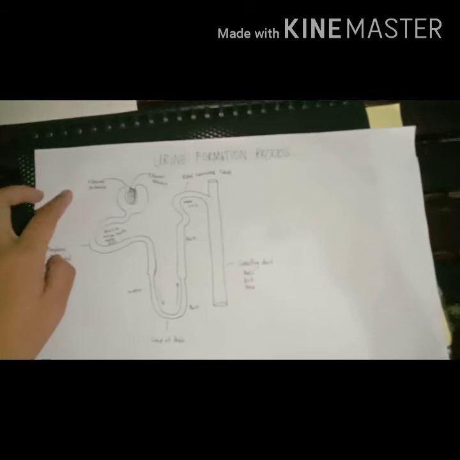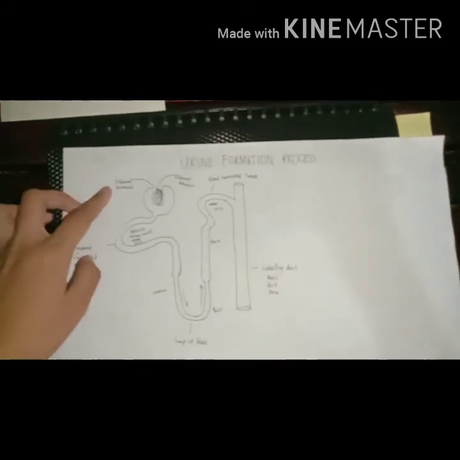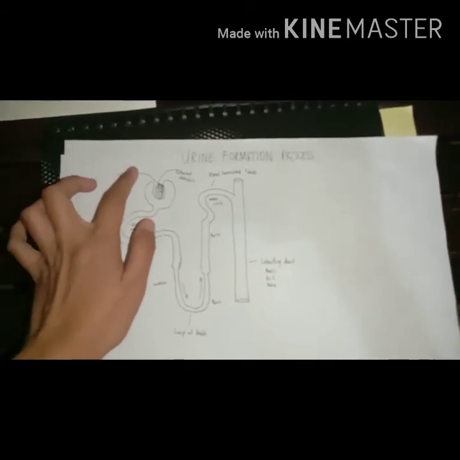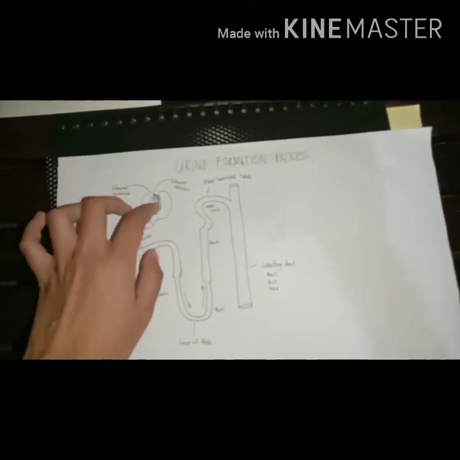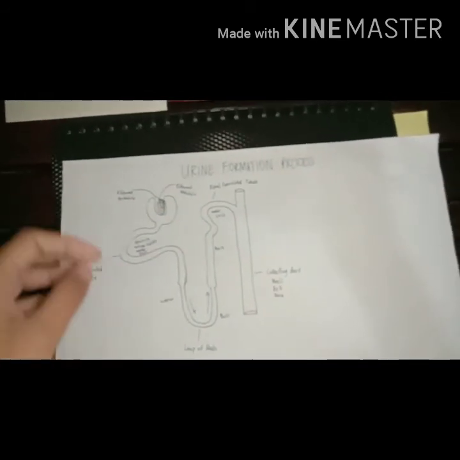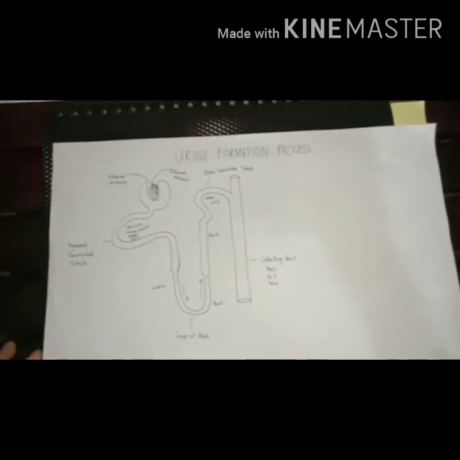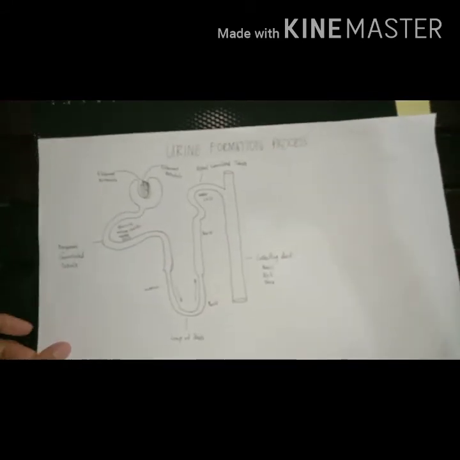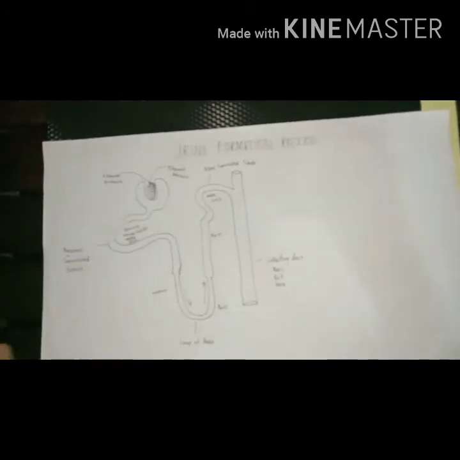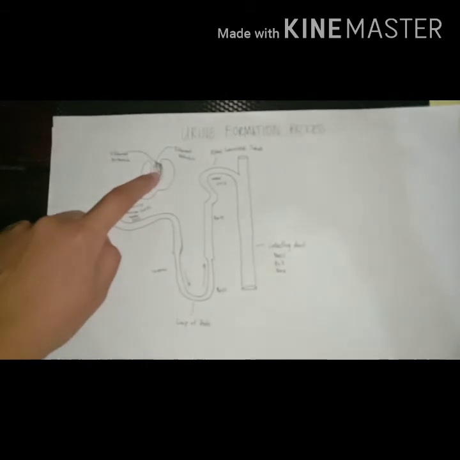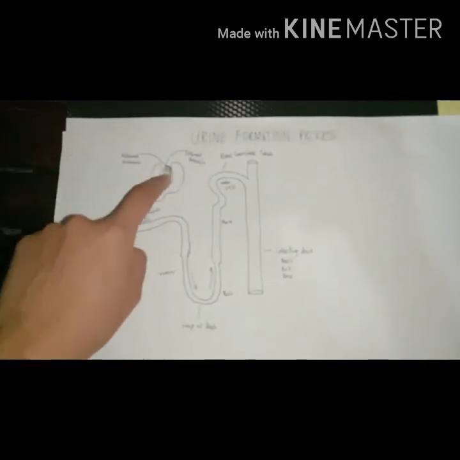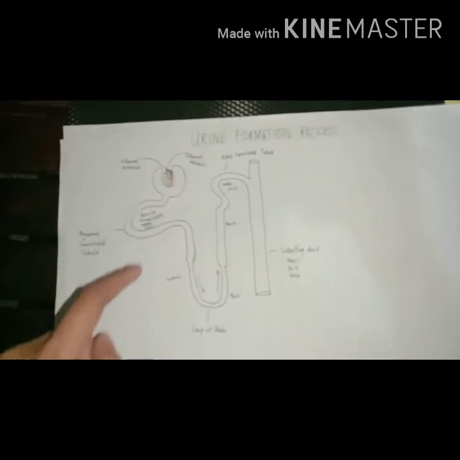So the blood enters through the afferent arteriole, and it leaves through the efferent arteriole. The substances are filtered in the glomerulus because of too much pressure. The substances are forced into the glomerulus, and so the filtration happens.